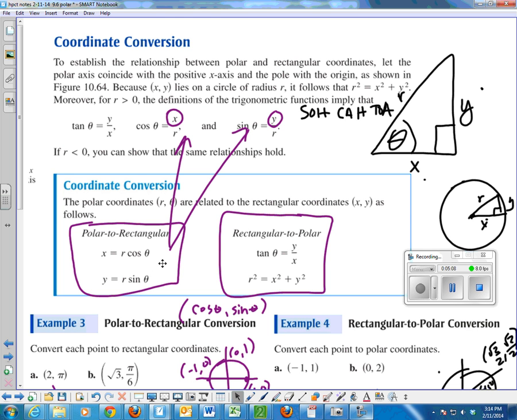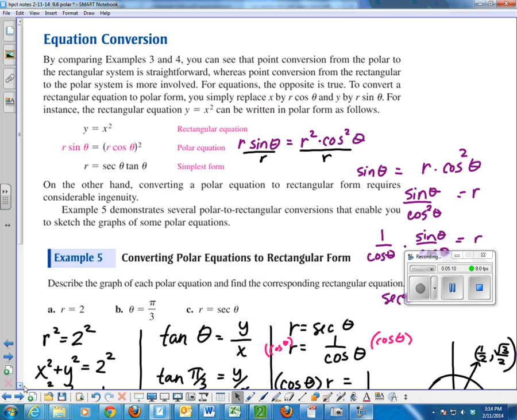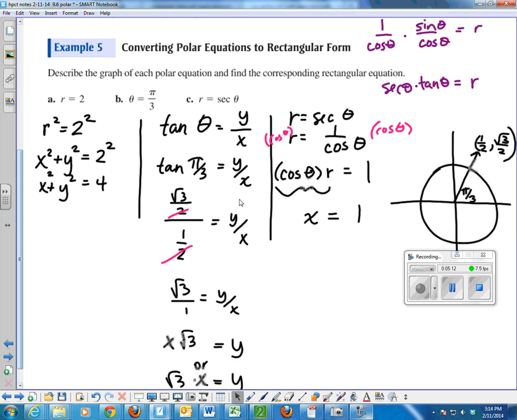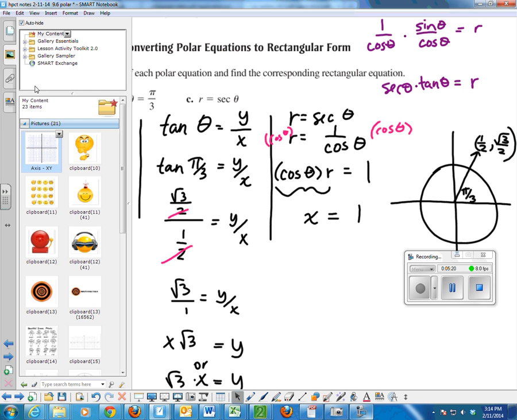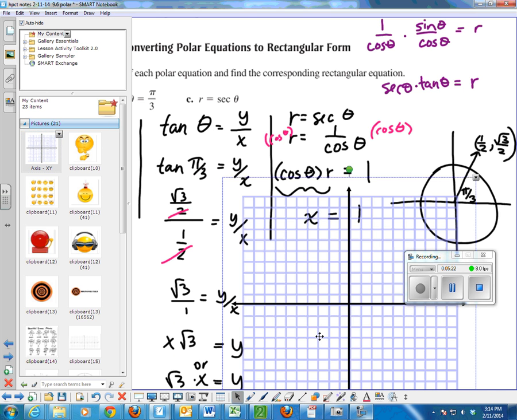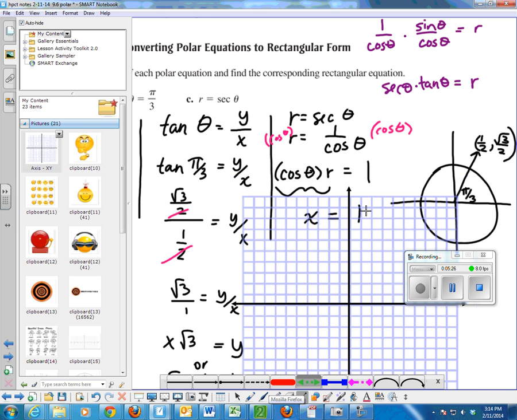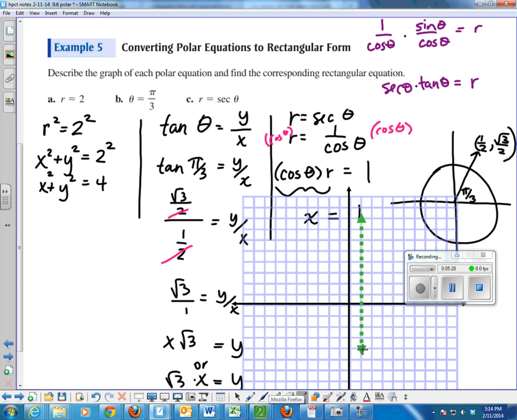That's the substitution that we're going to use. So then this line is just x equals 1. So if we pull in a graph here real quick, this is a vertical line at x equals 1.